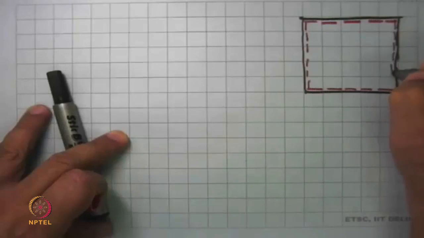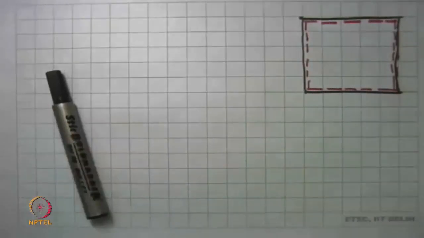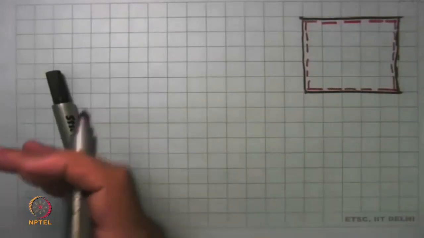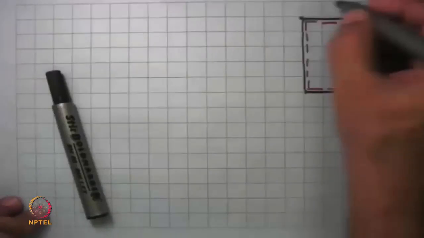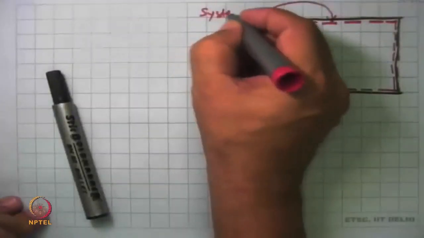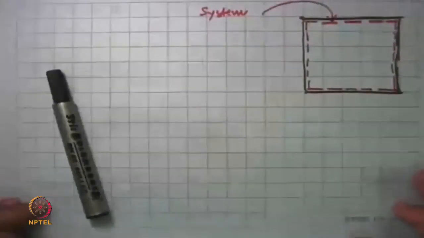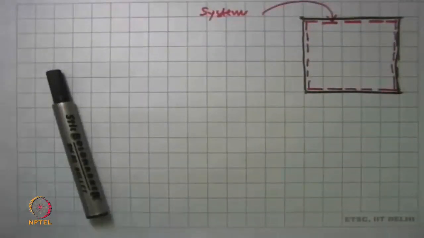So the system boundary is right next to the surface, but not including the surface. So that's the first thing we did. We said, define the system, and we said what is included, what is not included.